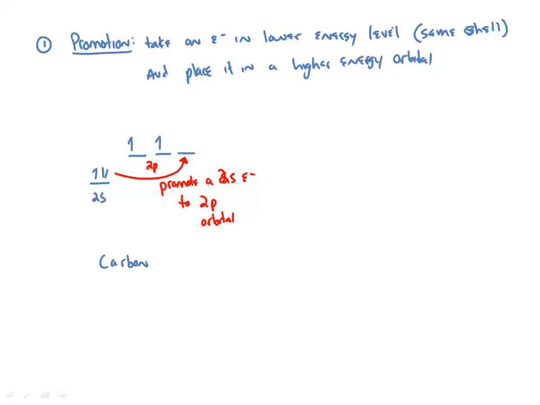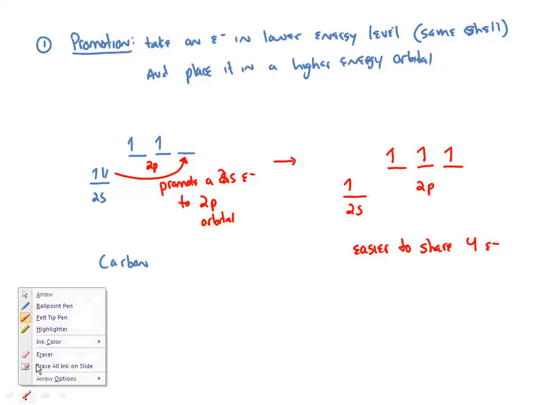You guys with me so far or not? And so we get a picture that looks like this. We get our 2s orbital, and we have our 2p orbitals, and so now I've got 4 electrons that I can share, right? So it's easier to share 4 electrons now.